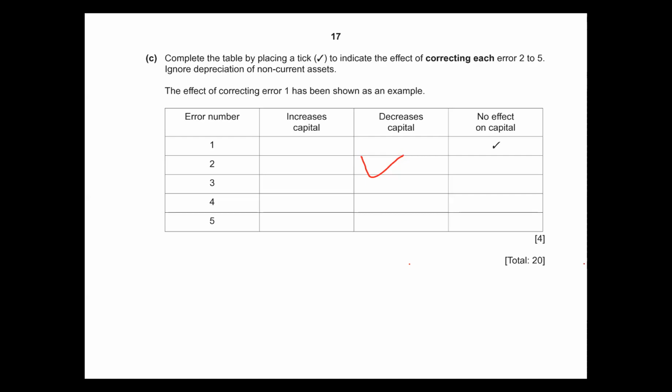If it does, does it increase or decrease capital? So it decreases capital. And the fourth error is that we debited the bank account, which does increase capital. Debiting of the bank account increases capital.